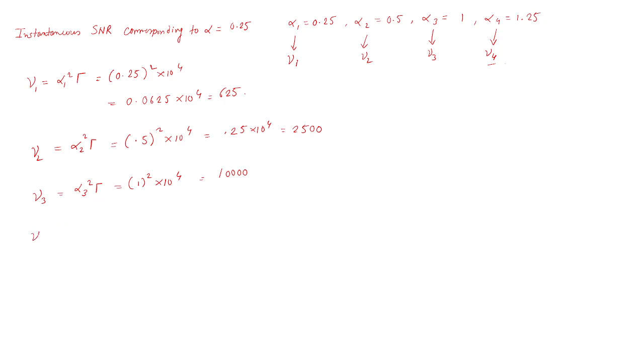And we have gamma 4 to be alpha 4 square times capital gamma, which is 1.25 square into 10 to the power 4.